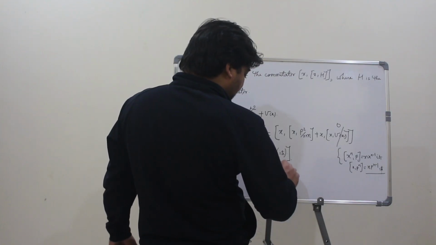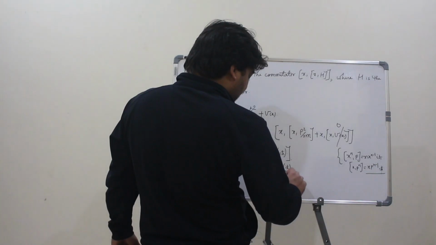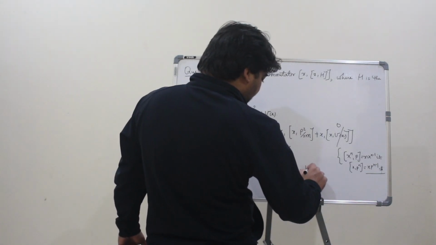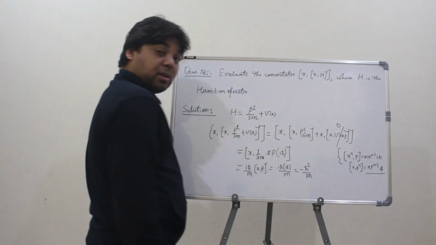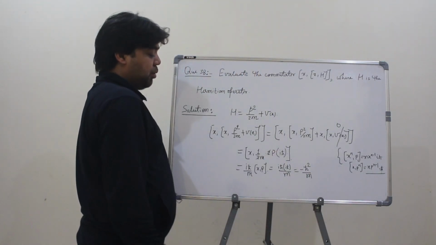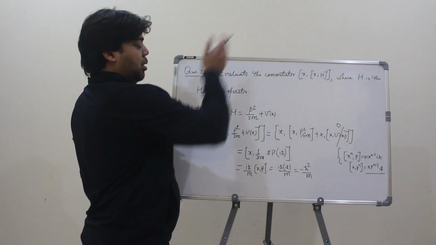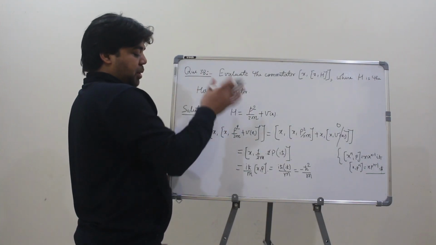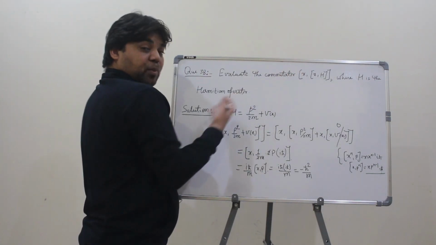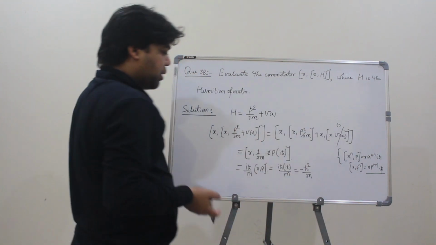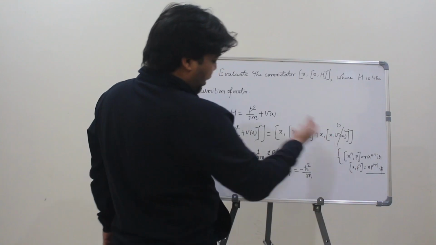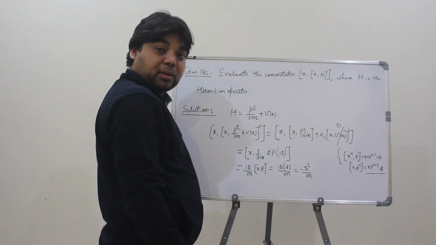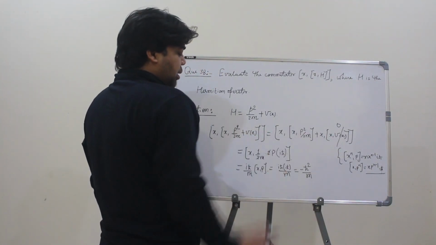So it gives you i h cut multiplied by i h cut divided by m, giving you minus h cut square divided by m as the value. So you can see, if this type of question, which is very important, is asked, how you can tackle it by using a simple method, right? Simple calculations.